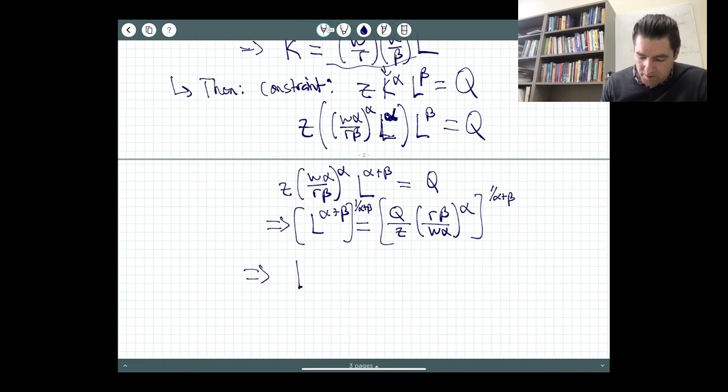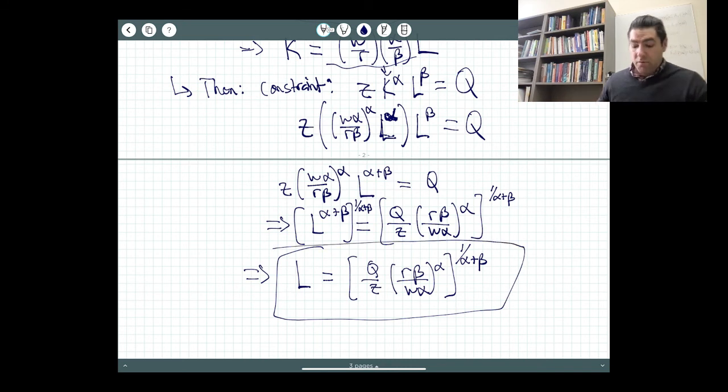And we then have L is equal to Q over Z, R beta, W alpha to the alpha, all to the 1 over alpha plus beta. So fairly big mess, but the solution method is fairly straightforward.